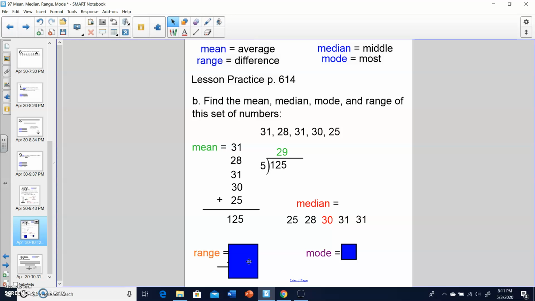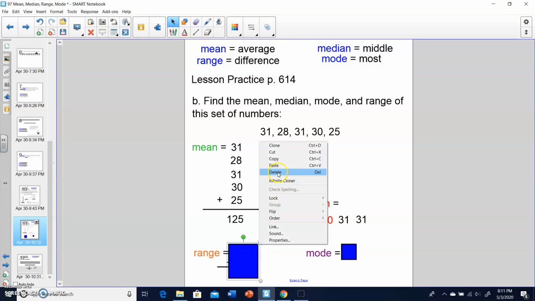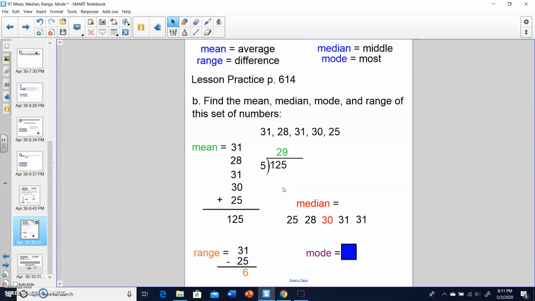Remember, my largest number is 31. My smallest number is 25. If I subtract the two, my answer is 6. Mode is the one that occurs the most often. Looking at those 5 numbers, what number do you have the most? 31. So there you go.